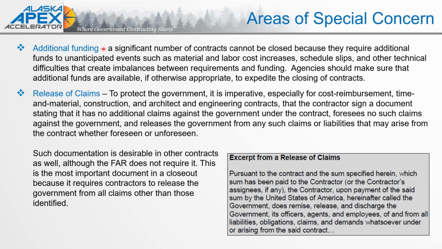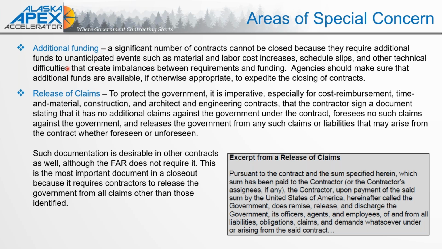And so that process isn't just as simple as reaching out to the end user and asking for those funds. It's a matter of running it up to the headquarters command and finding those funds and getting those funds released, or having that approval to use current year money for older year activities. So pay attention to that.